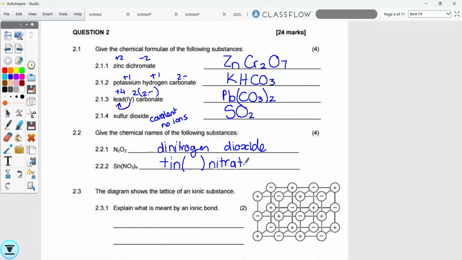Now you need to figure out what that bracket must be. You know that NO3 is -1, but there are 4 of them. So 4 times -1 gives me -4. So what must my pluses be? +4. So that means what must I put in my Roman numeral? IV.